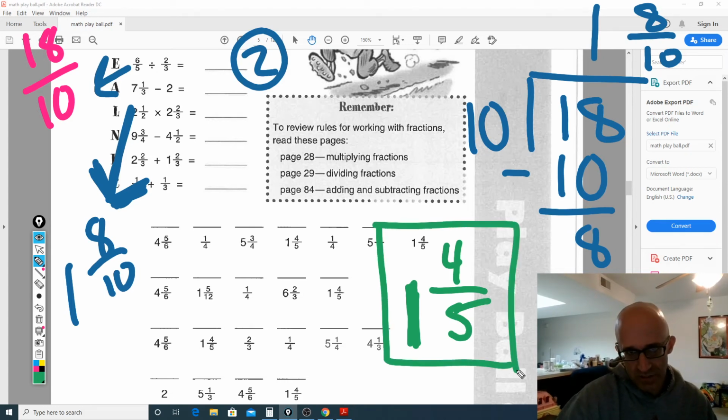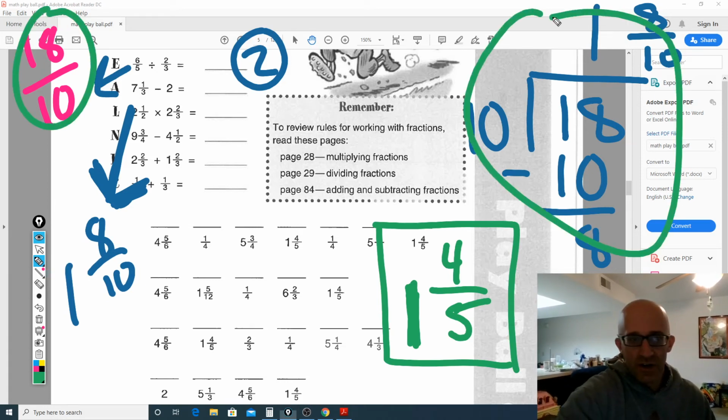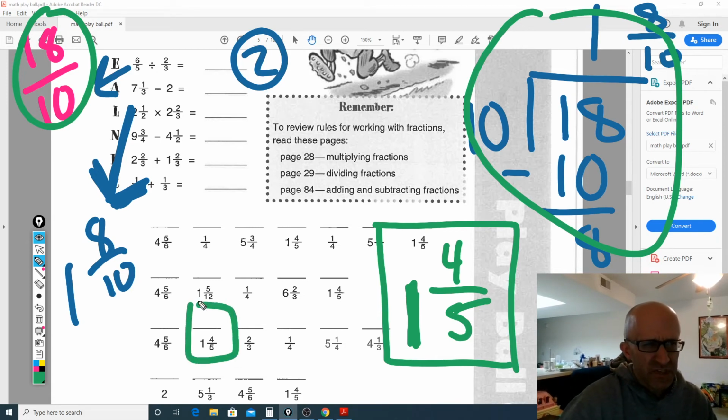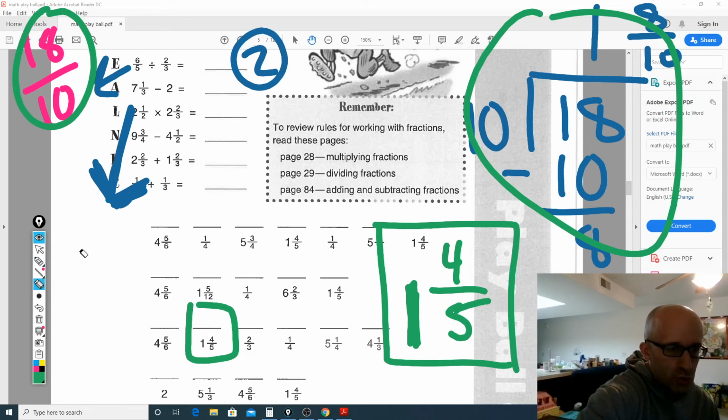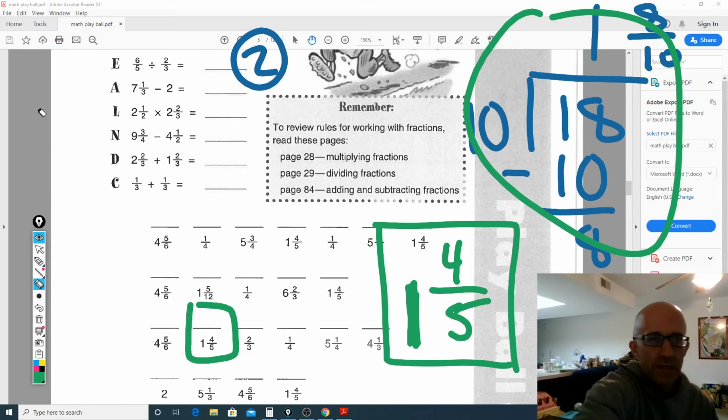I know it's a lot of oddball writing with the 18 over 10 over here and this going on over here, and I look like I'm drawing up plays, but 1 and 4/5. I believe that was 6/5. Yeah, there we go. Let's get this off of here.